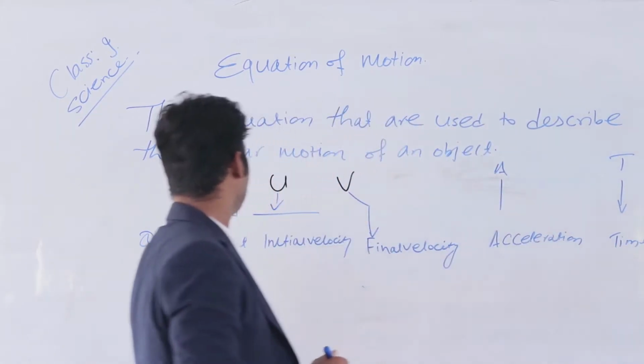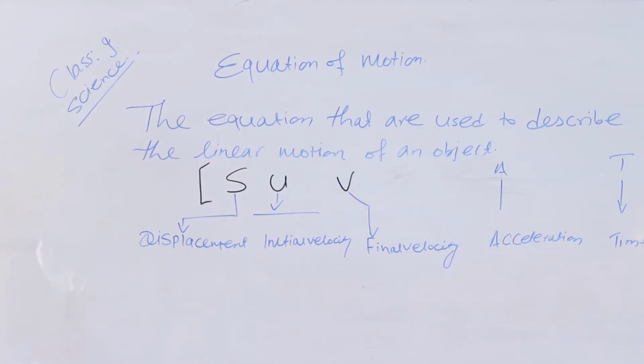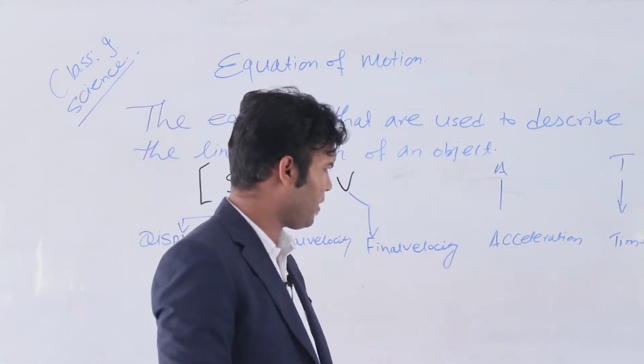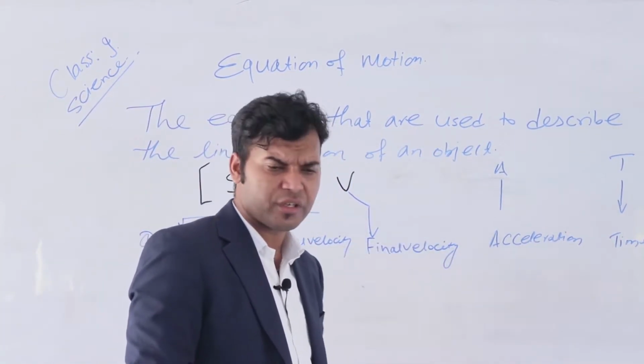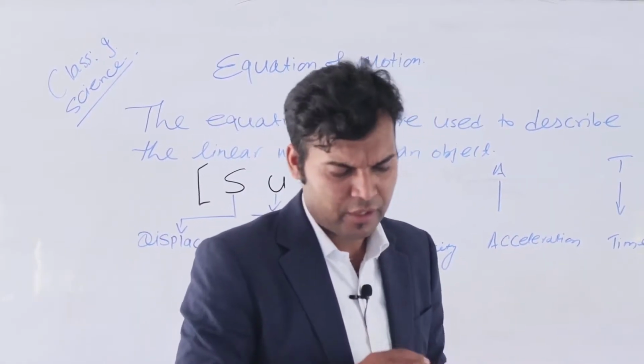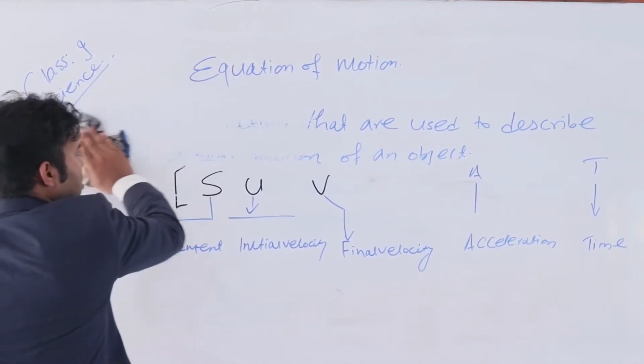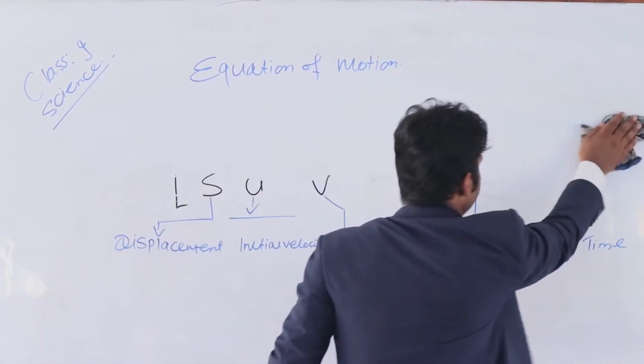Are you clear? S means displacement or distance, U means initial velocity, V means final velocity, A means acceleration, and T means time period. Now we turn to the first equation of motion.